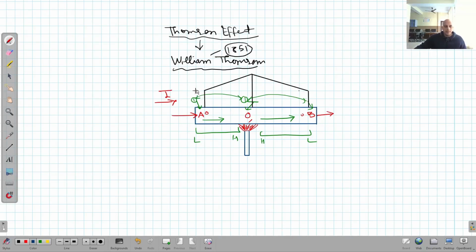Now I can say the potential is different here, and here it is different, and here it is different. As I told you, the density of the electrons is different. Here the temperature is low, and here the temperature is high. When the temperature is high, the density of the electrons will be low at this point, whereas the density of the electrons will be high at this point.